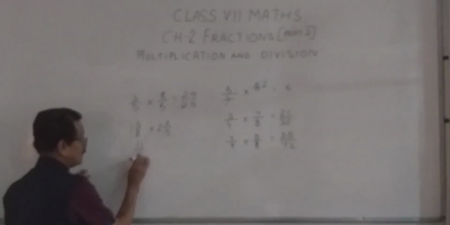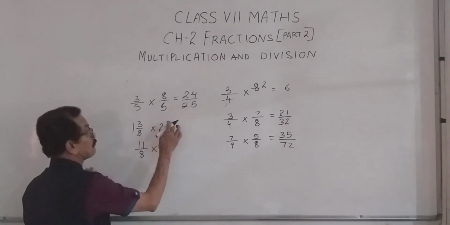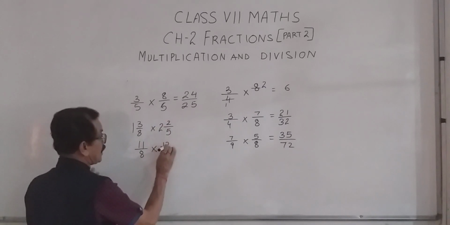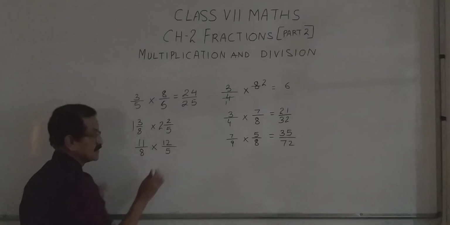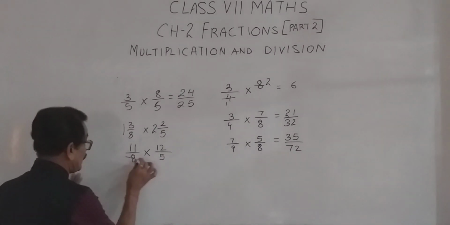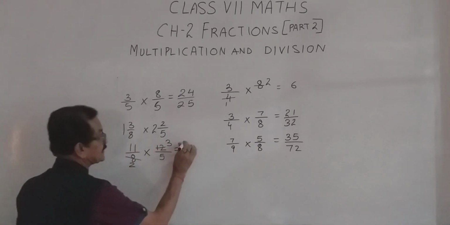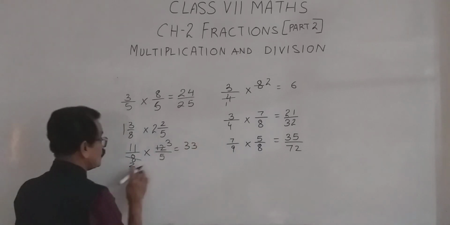The denominator multiplied by 5 2s are 10, plus 2, 12 upon the denominator. Now, since there is a common factor between 8 and 12, we cancel them or divide them by 4 to get this result. Now, 11 3s are 33 and 2 5s are 10.